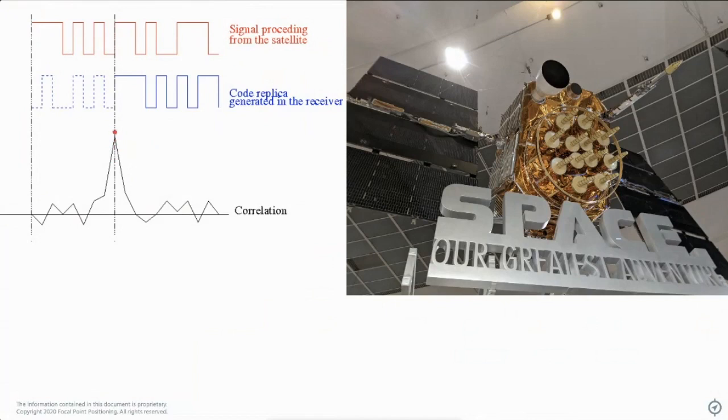And measuring the exact moment that correlation peak arrives is how you work out where you are. And it's where all of the errors in where you think you are can be as well. And that's what we'll get to the bottom of in the beginning of this talk, as we look at how a correlation peak can be badly corrupted and how a supercorrelator stops this from happening.